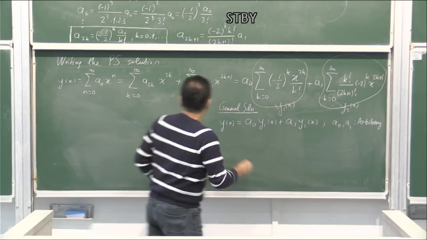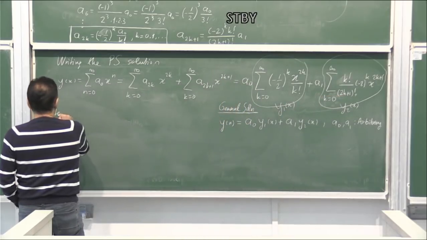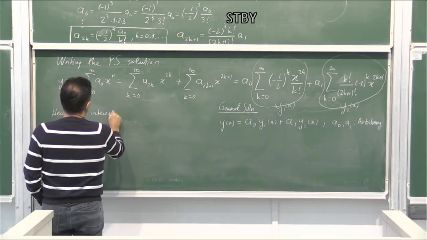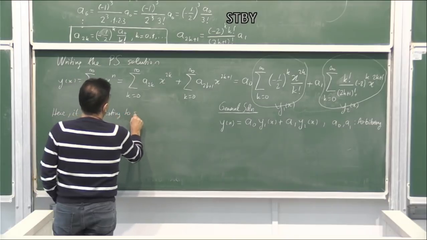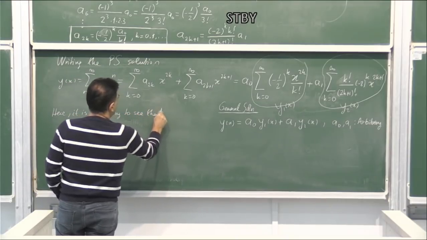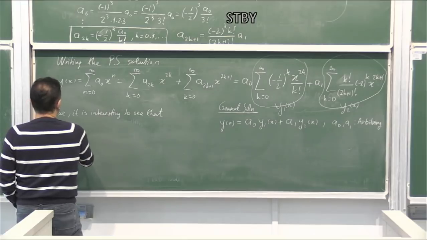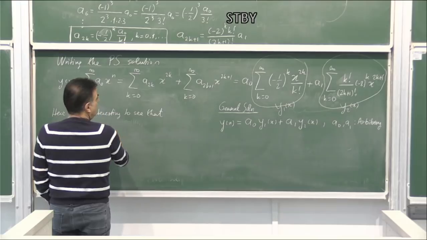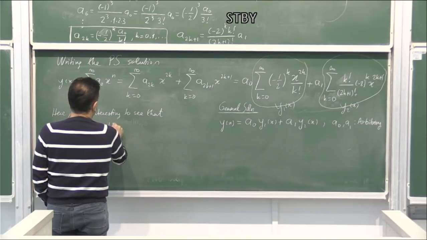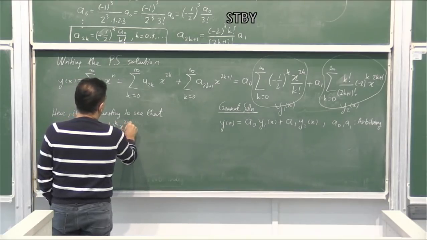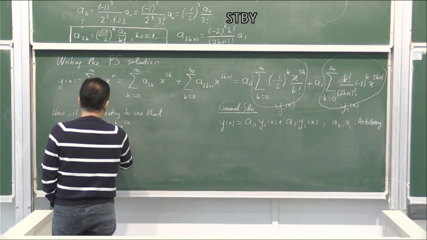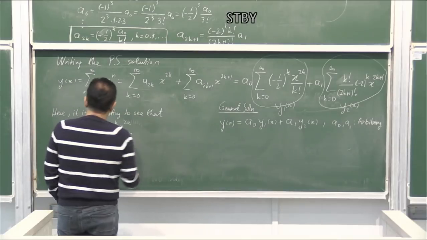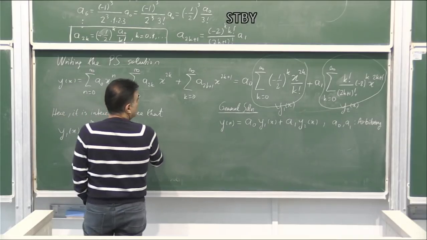So here it is interesting to see that y1 of x, look, that one, minus 1/2 to power k x to power 2k over k factorial, may be written as this.